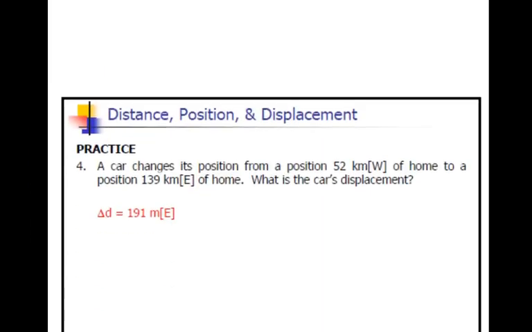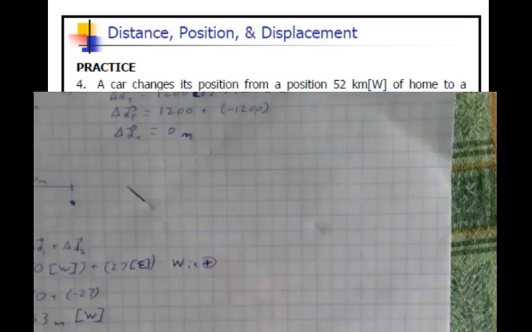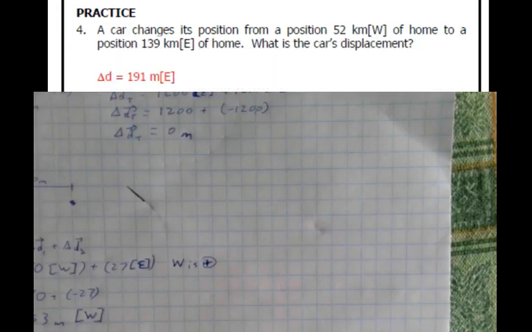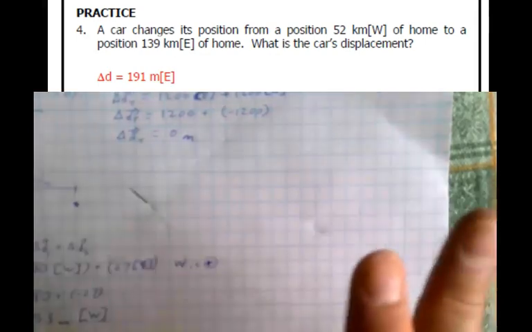And the last question, a car changes its position from a position of 52 kilometers west of home to a position that's 139 kilometers east of home. What is the car's displacement? And we'll do this one here as well. So we have a car. So its home is some location here.